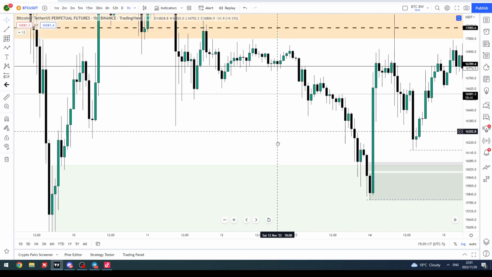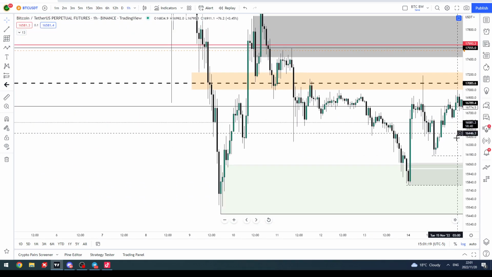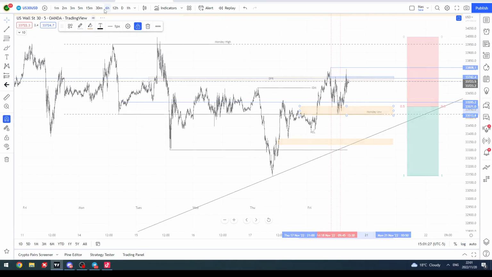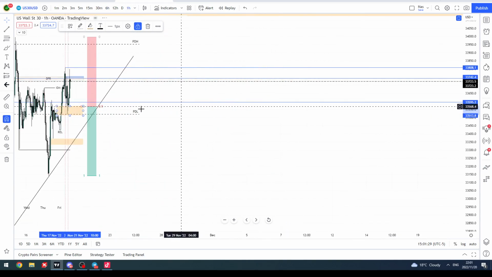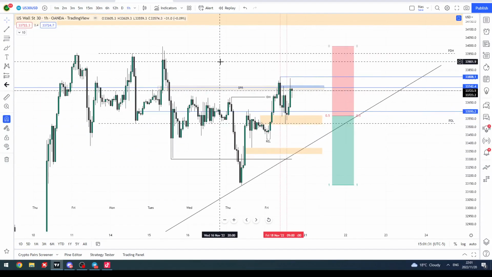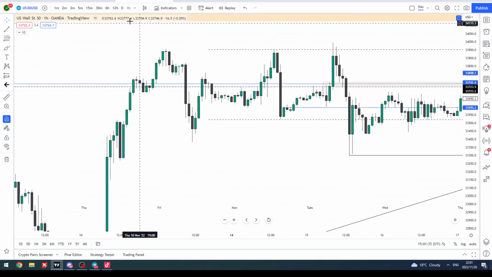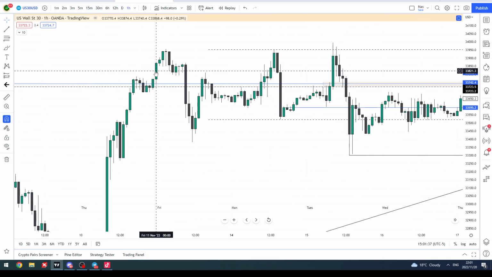If I can find another example really quickly, I'll try to do that, because this was sort of a cherry-picked example. Maybe we can look at NAS or something really quickly, right? Let's go on a 15-minute.